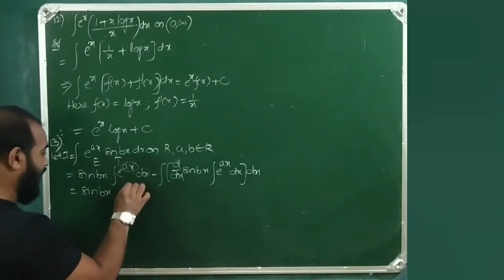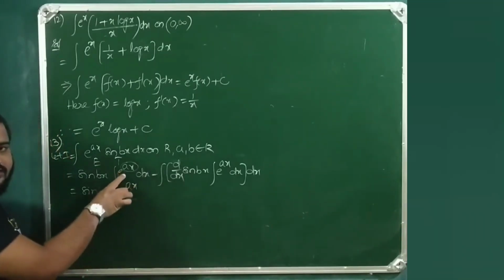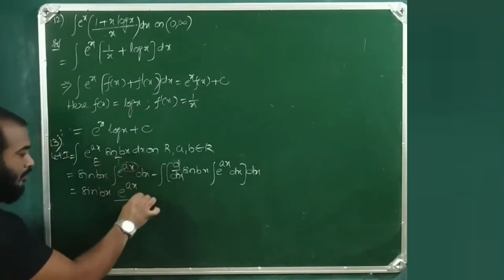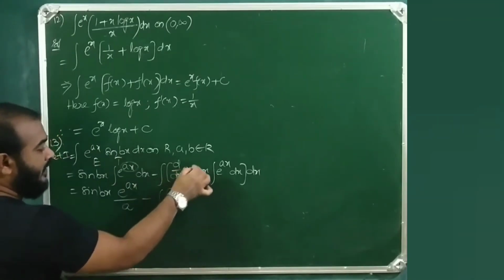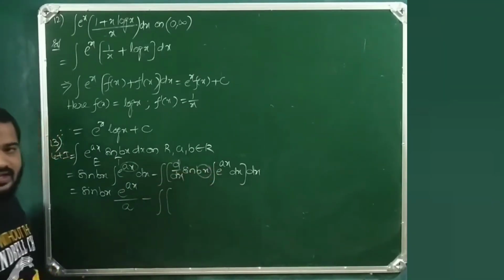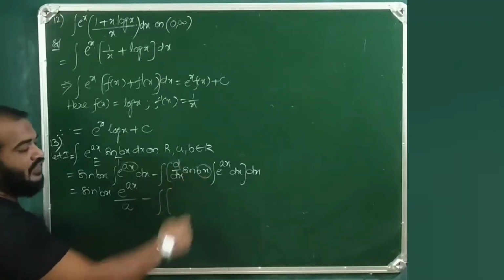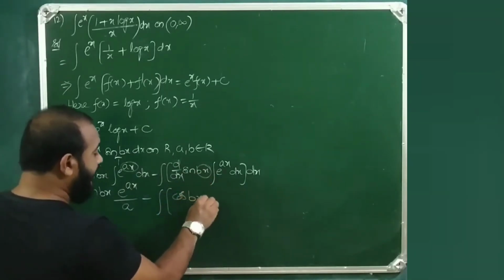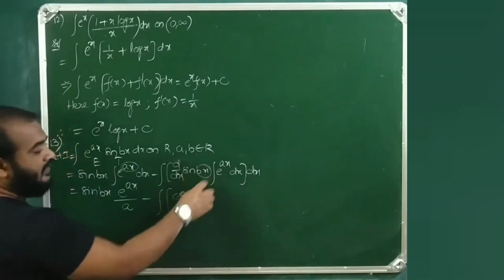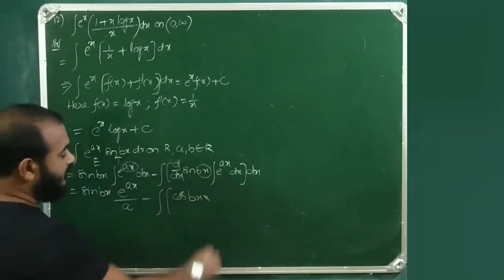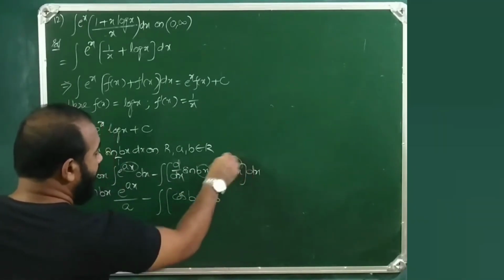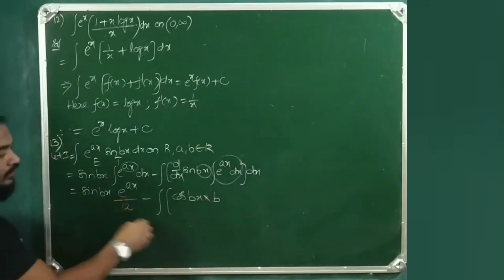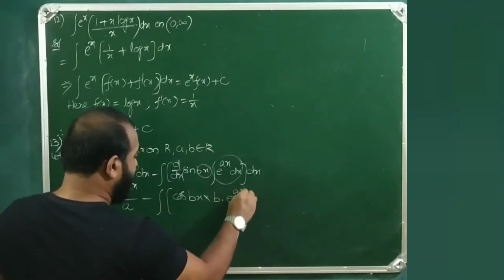So e power ax by a, minus d by dx of sine bx. Let us treat it as x. What is d by dx of sine x? Cos x. So cos bx into d by dx of bx, which is b. Integral e power ax dx we have seen here, e power ax by a.